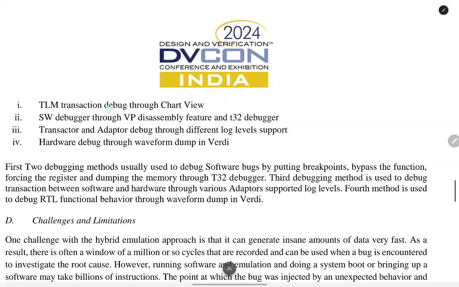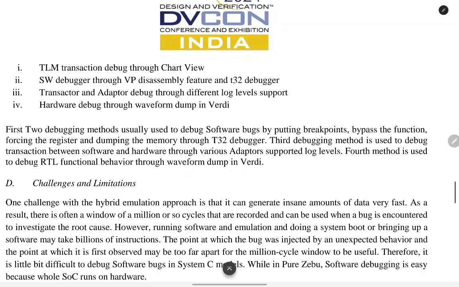TLM transaction debugging through chart view. 2. Software debugger through the VP disassembly feature and traceability debugger. 3. Transactor and adapter debug through different log level support. 4. Hardware debug through the waveform dump in Verdi.